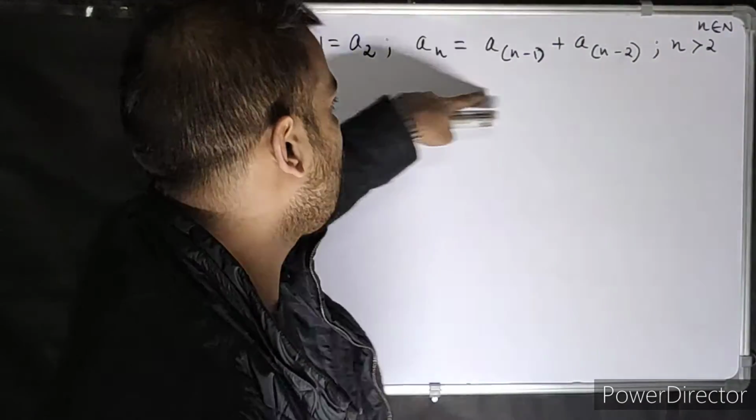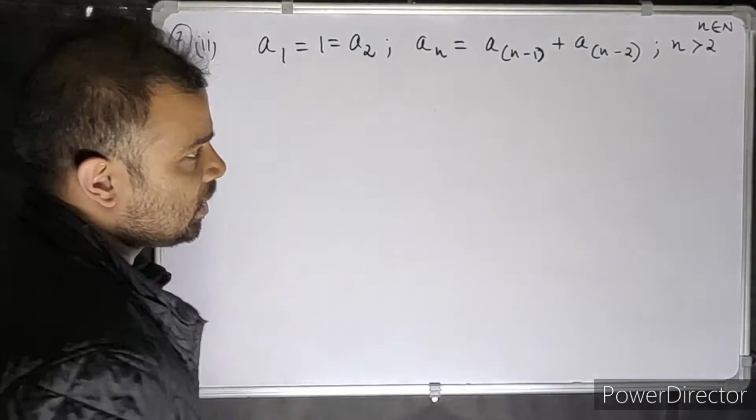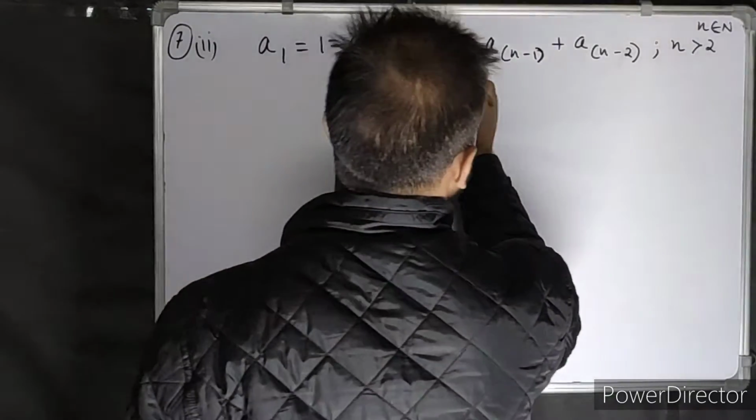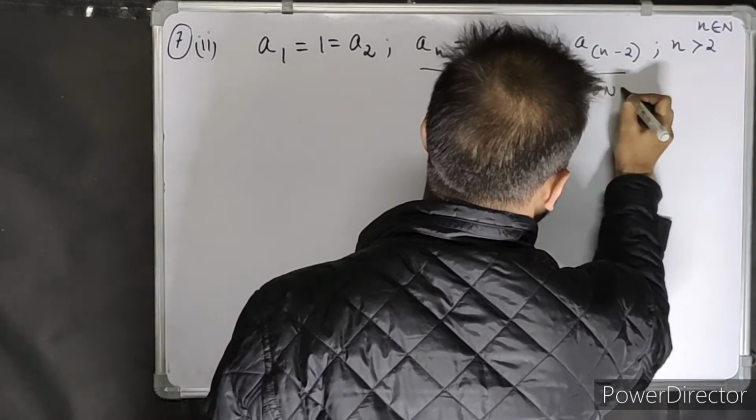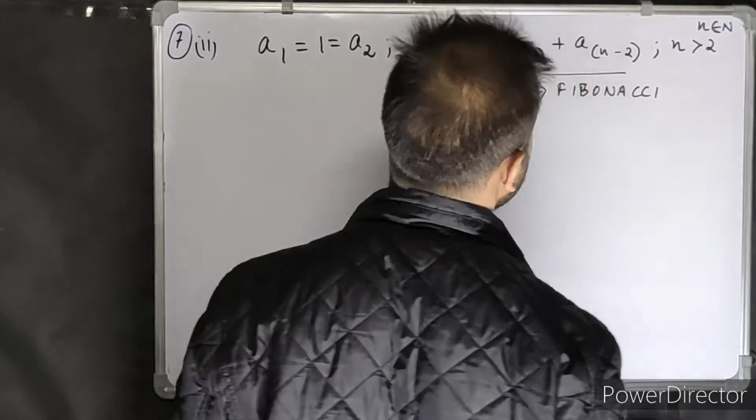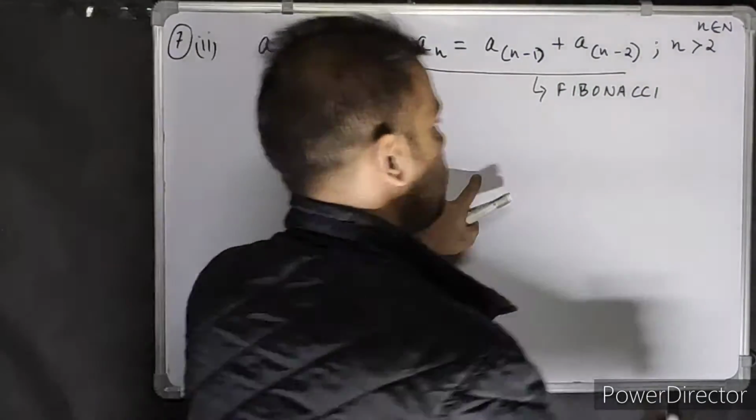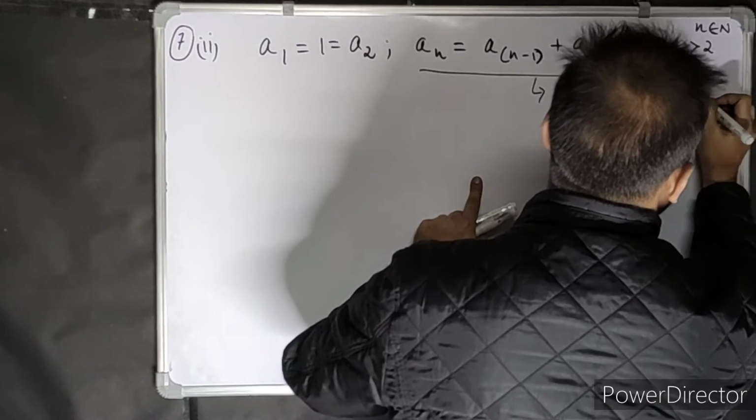This is called a Fibonacci series. I'm forgetting the spelling. It's, I think, something like this. Fibonacci. This is a Fibonacci sequence actually.